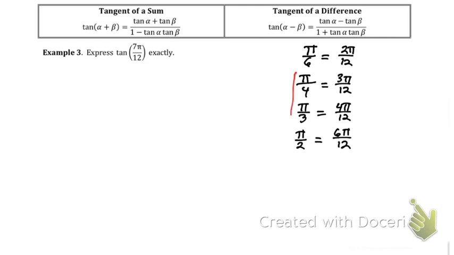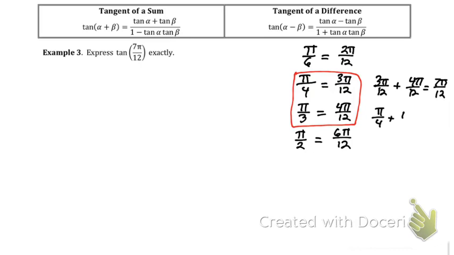In other words, since 3 pi over 12 plus 4 pi over 12 equals 7 pi over 12, that would mean that pi over 4 plus pi over 3 would also equal 7 pi over 12. This one's the more useful because 3 pi over 12 is on our unit circle, but I don't want to have to keep transferring it in and out of it. So this is our key one right here.